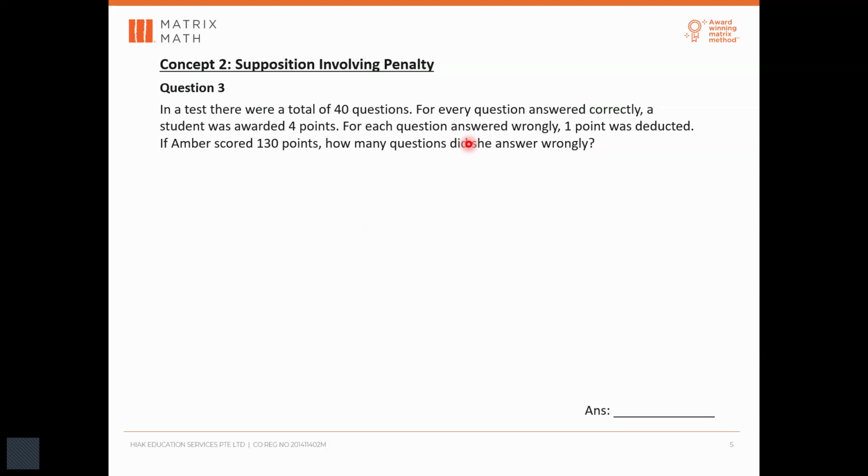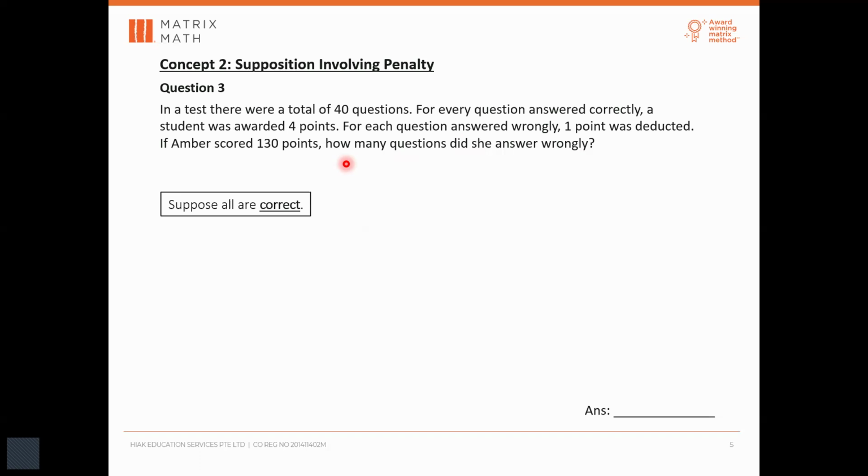Okay, listen carefully. I may or may not ask you about this later. Always start with the one that gives you the points, gives you the marks, gives you the money, gives you whatever it is in this question. So in this question, start off with all correct. Suppose all are correct.